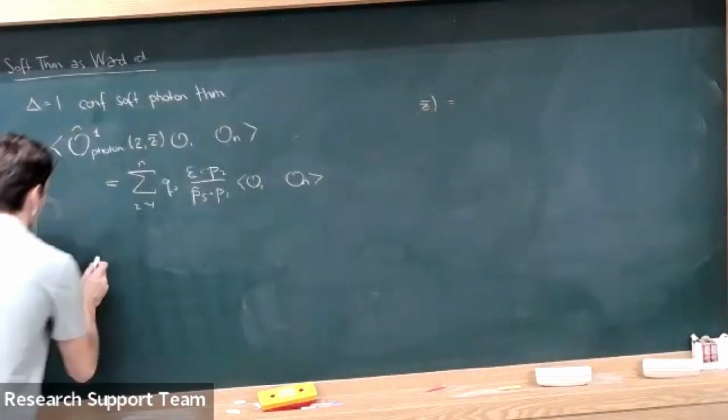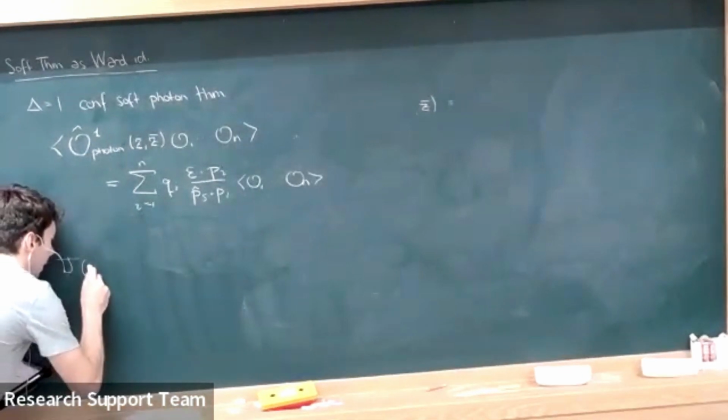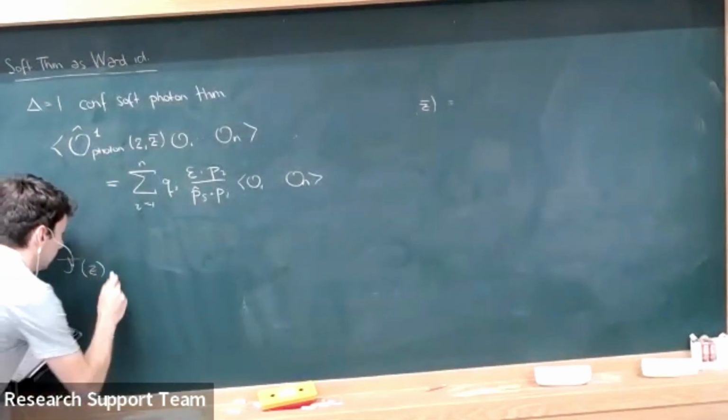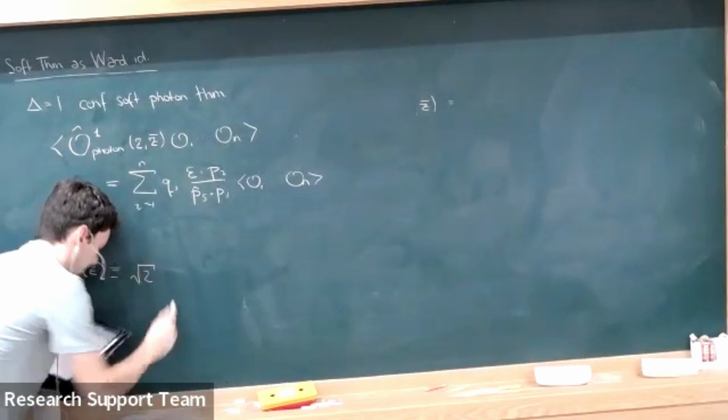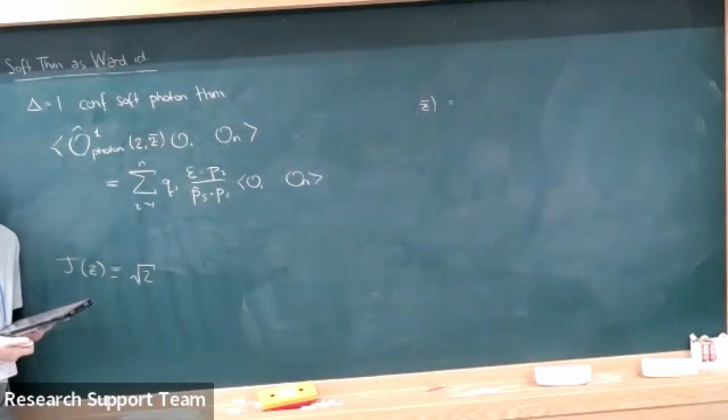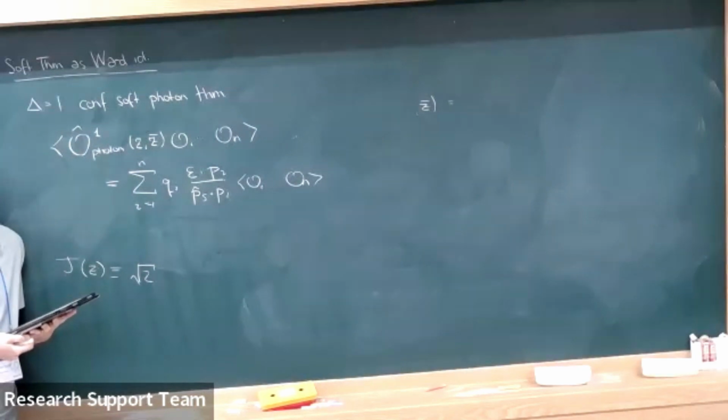Great. Next up, I'm going to define two operators on the celestial sphere. The first is this J operator. Sorry, I just want to clarify. If you look at delta equal to 2, that object will be 0. Good. Yes. I see. So there is no delta equal to 2 operator for photon amplitude.